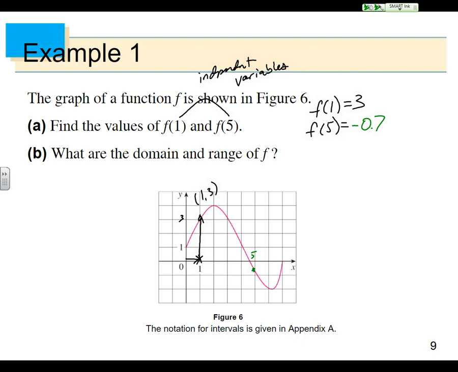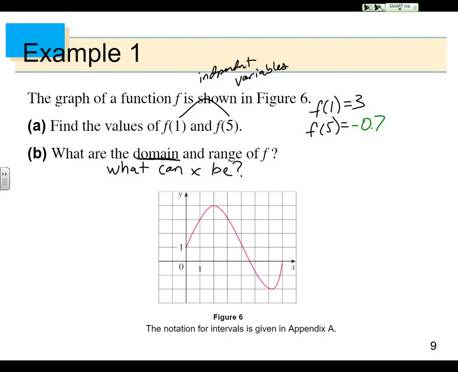Domain and range. Another way to think about domain, remember, is all my inputs combined. Or in other words, what can x be?